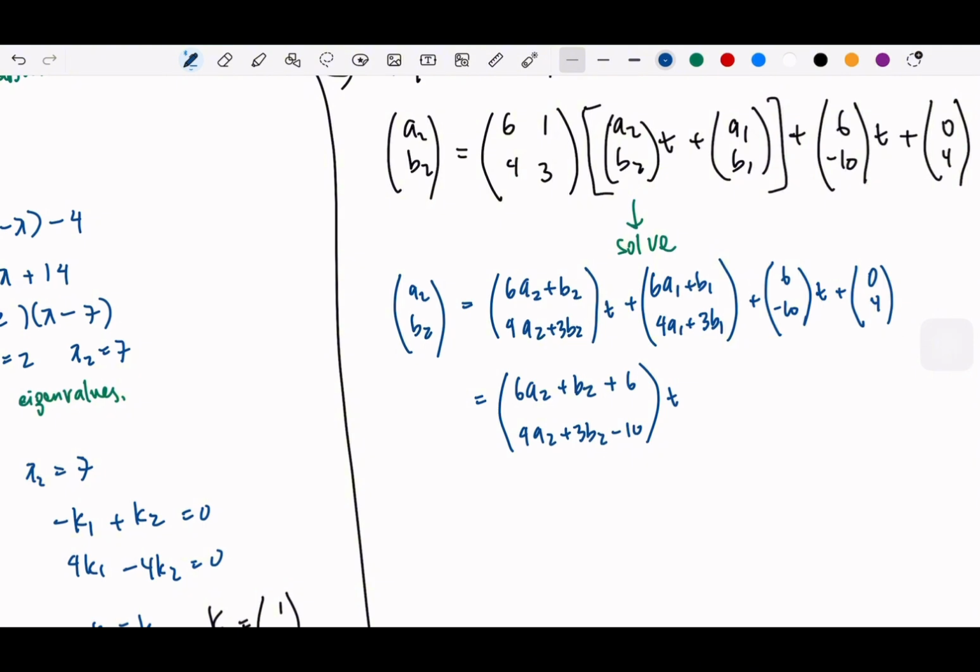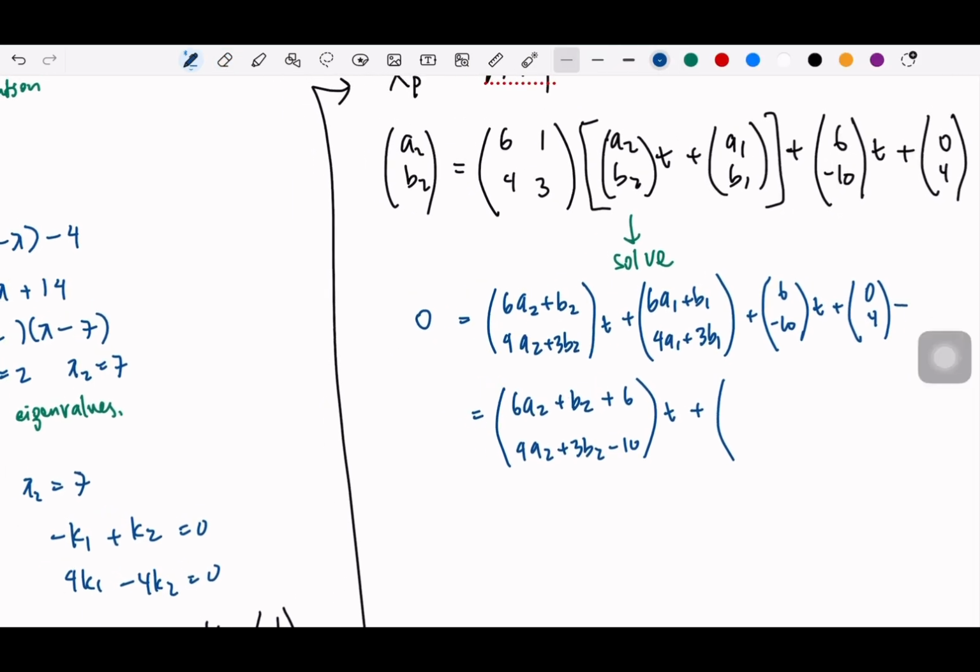And then plus, let me put here, this will be 6a1 plus b1 minus a2, 4a1 plus 3b1 plus 4 minus b2. This will be equal to 0.